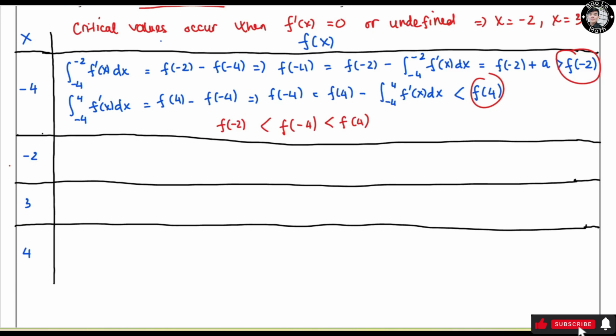So we have the integral from -2 to 2 of f prime of s ds is f of 2 minus f of -2. So then f of -2 equals f of 2 subtract the integral from -2 to 2 of f prime of s ds.